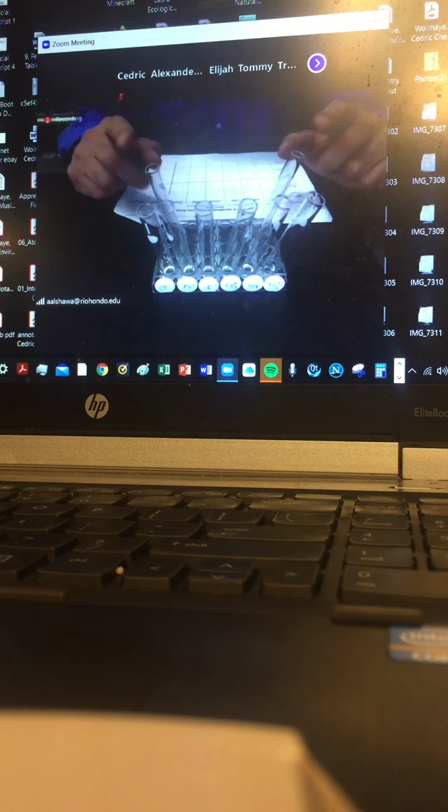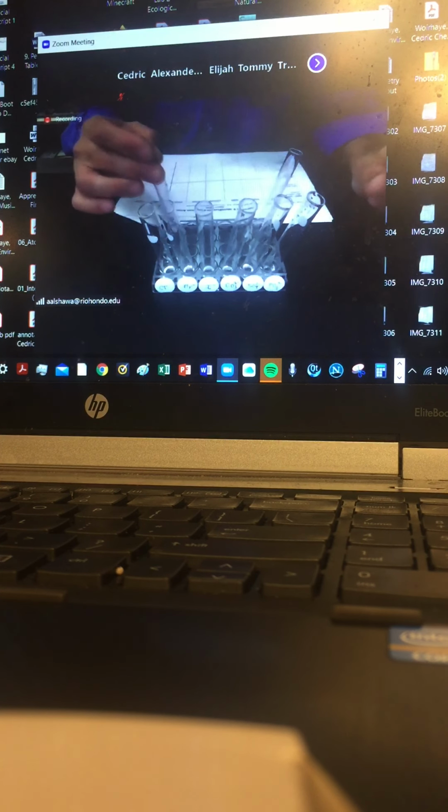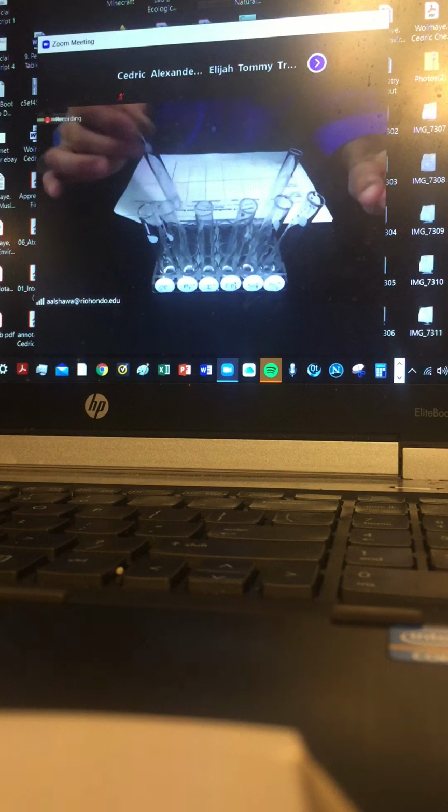Okay, so I want to add 2 unknown ions in here. So I guess I'll add it on the side. So this is unknown 1. Okay, so unknown 1 milliliter of that ion.